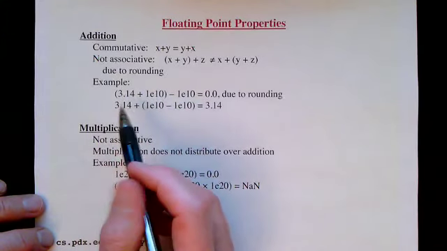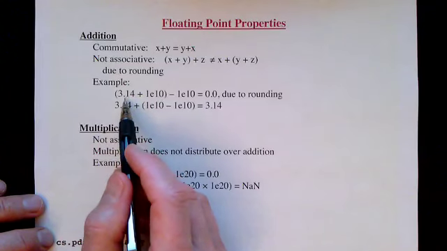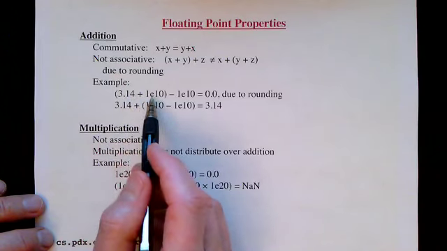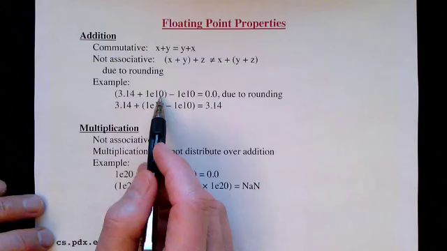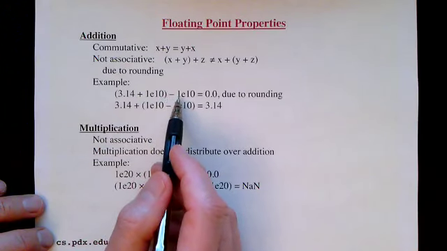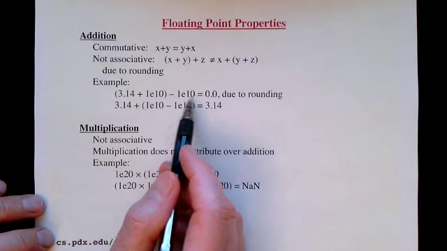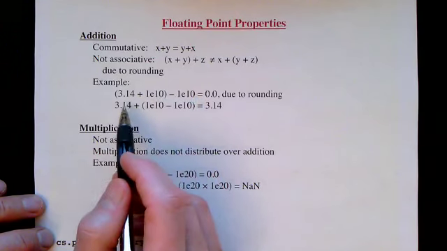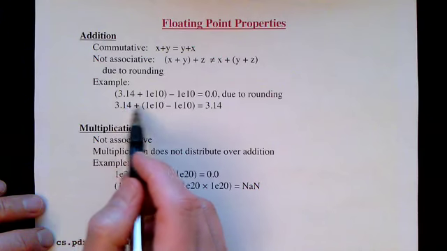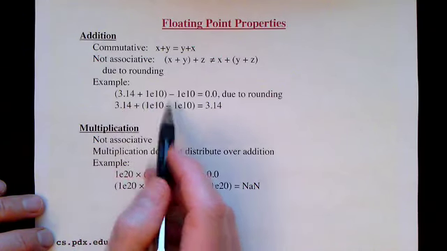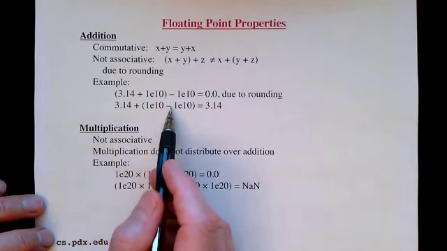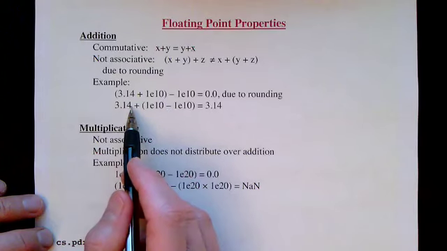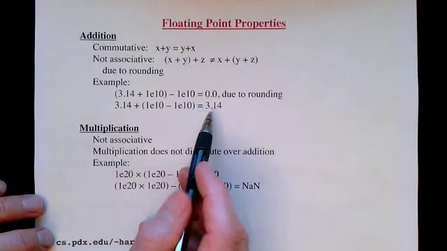So let's take a look at this example. Here we have 3.14 plus a very big number, 1 times 10 to the 10th, minus that same very big number, 1 times 10 to the 10th. And here we do the same thing, only we group it differently. When we subtract the very big number from the very big number, we get 0, period. And then we add 3.14 to that, we get 3.14, which is what you'd expect.